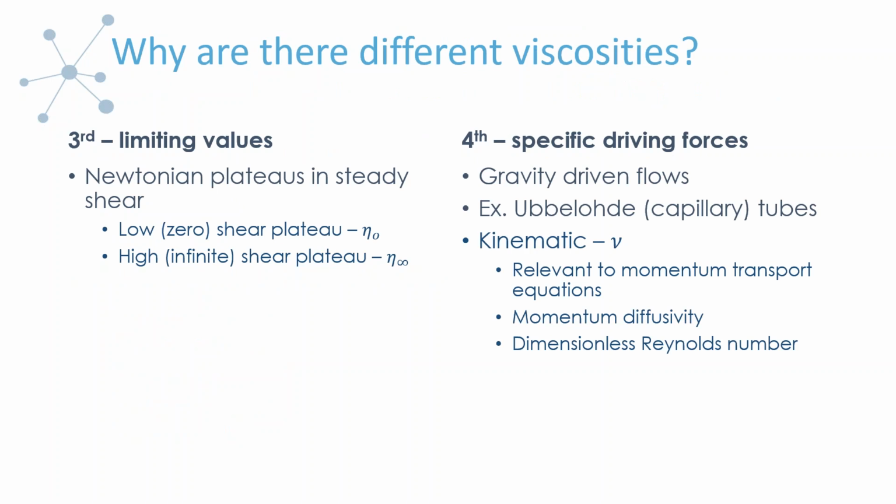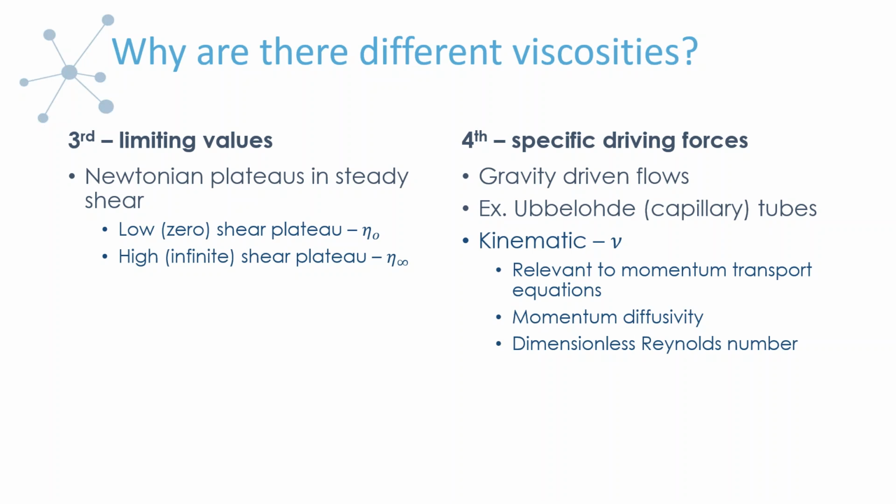So the final couple of categories are smaller, so I put them on the same slide here. The third one is what I'll refer to as limiting values. Over time, it's become clear that many fluids, polymer solutions, dispersions, and the like, will show similar trends in the steady shear viscosity as a function of shear rate.